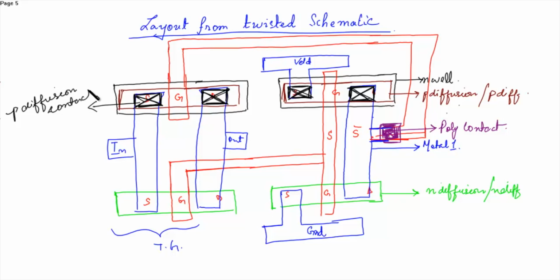You can say this is the PDC contact. Similarly, you have to connect the N diffusion layer with the metal. So this is the N diffusion contact. Or the NDC contact.